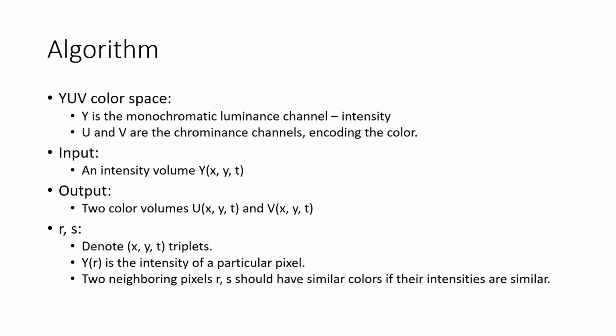Y, as we know, is the monochromatic luminance channel. So the input is basically a monochromatic luminance channel, and the output is two color channels. So we give one grayscale image and we get two color channels, and if we combine them we have YUV, which is a color image.